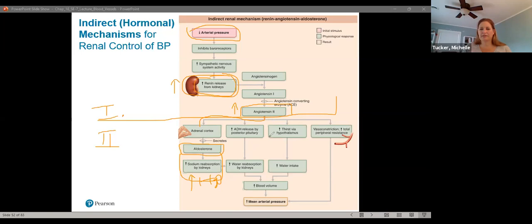It also stimulates a thirst reflex through the hypothalamus for increased water intake. And then it also acts as a vasoconstrictor. It's a hormonal control for vasoconstriction.